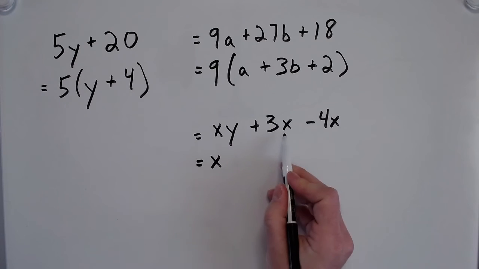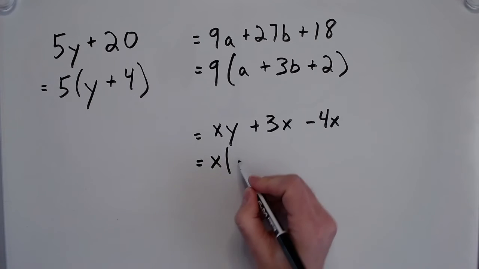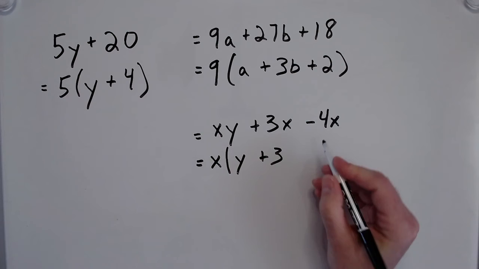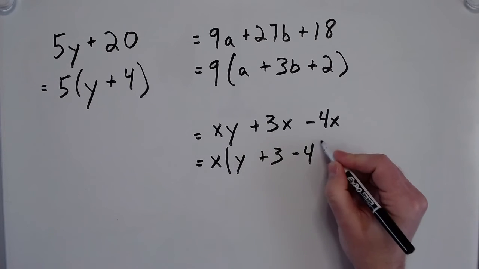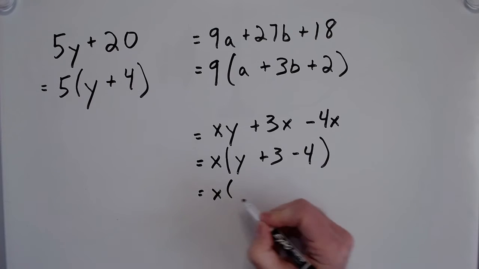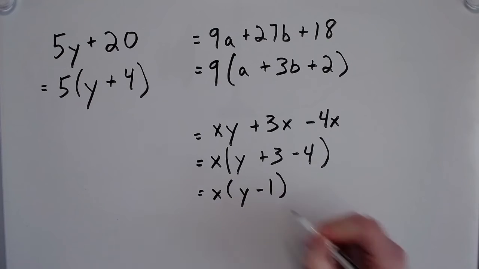There's an x here, there's an x there, there's an x there. So how do we get to x times y? Well, just be y. Here would be 3, and this would be 4. In this case, you could simplify even further: y plus 3 minus 4, which is y minus 1. That's not necessary, but you see how we factored out the x.